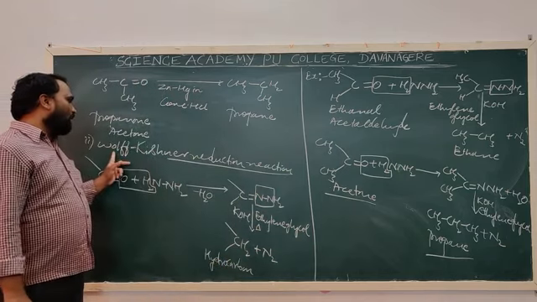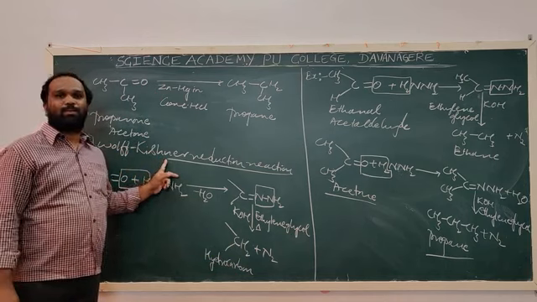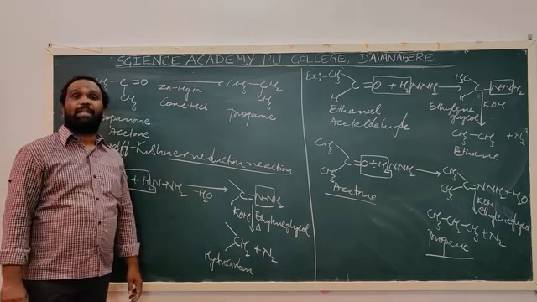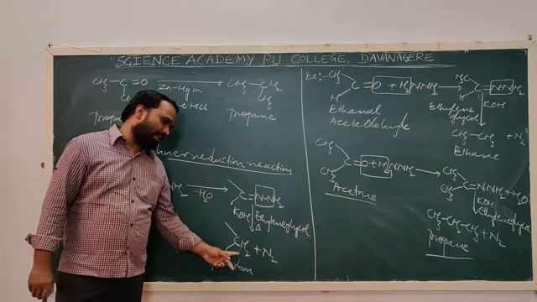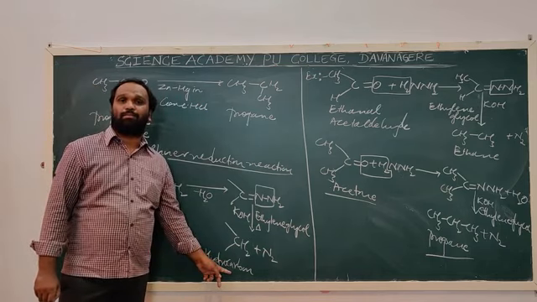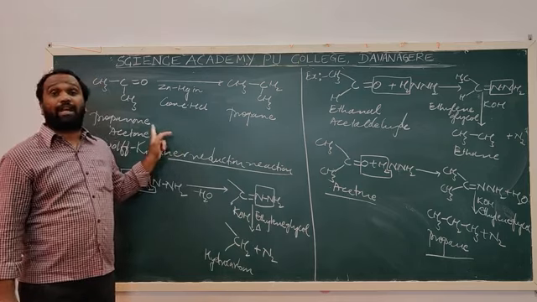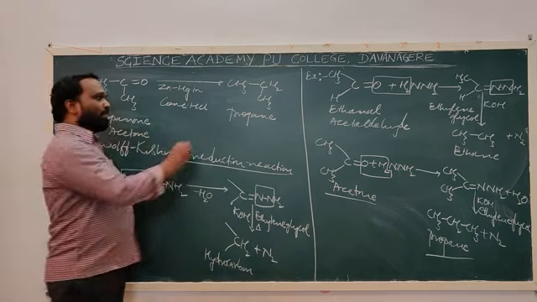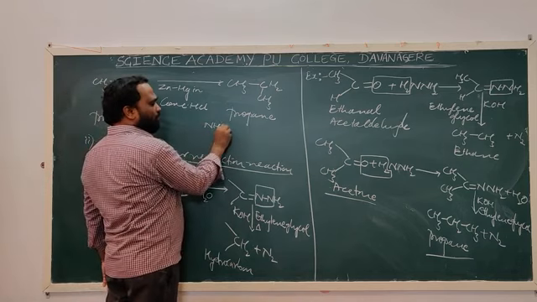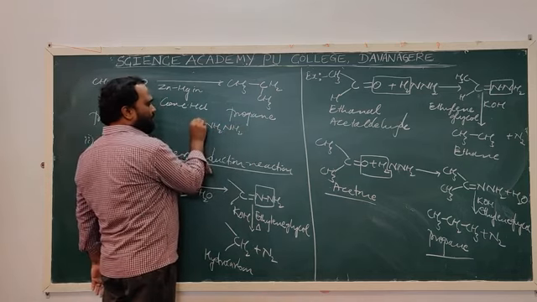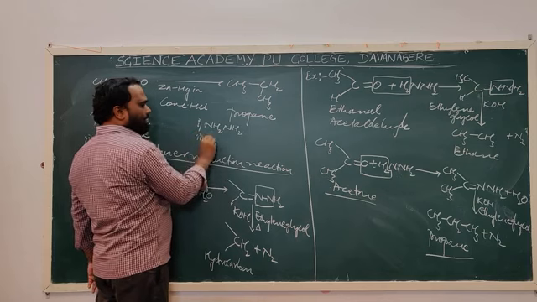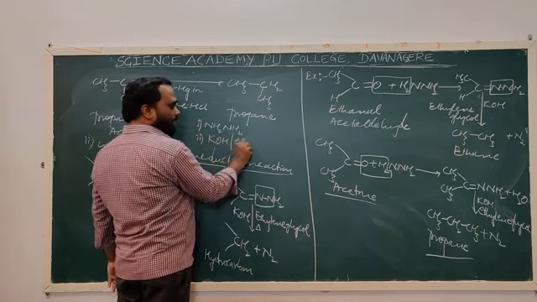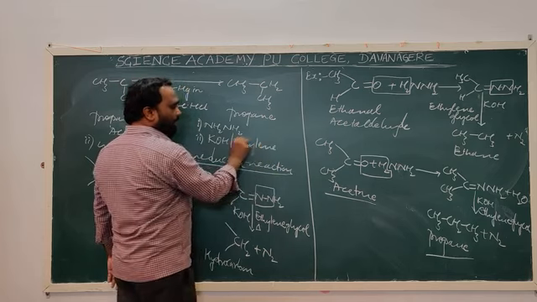Both in Wolff-Kishner as well as Clemmensen reduction, the product remains the same, that is a hydrocarbon. Only the difference is the reducing agent. In Wolff-Kishner reduction, we first use NH2NH2. This is the first reagent, and the second one is KOH or NaOH in ethylene glycol.